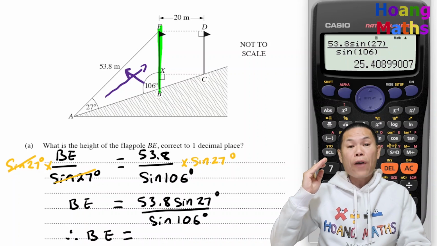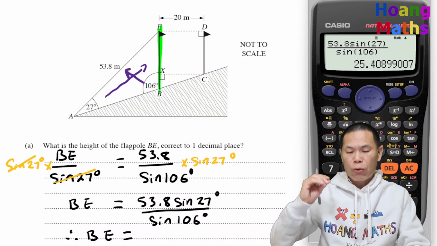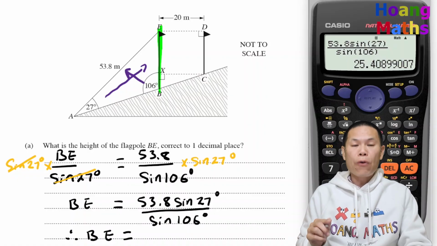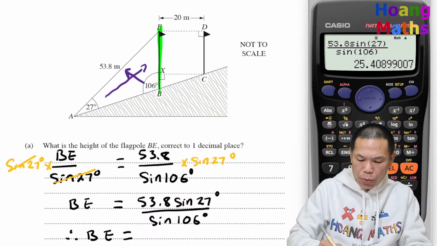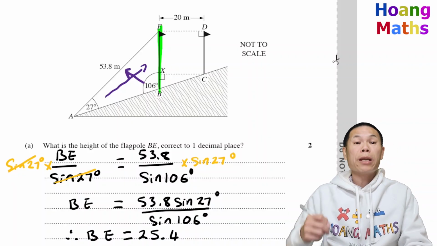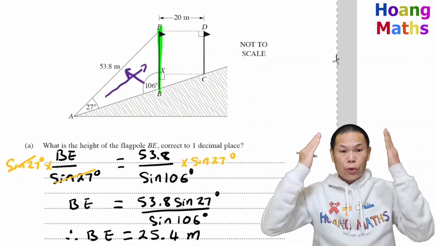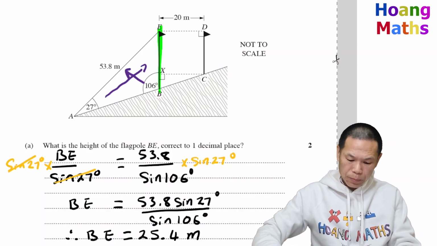So 25.4, because the number after 4 is 0, less than 5. So 25.4 correct to one decimal place. And don't forget the unit. The unit is meters.